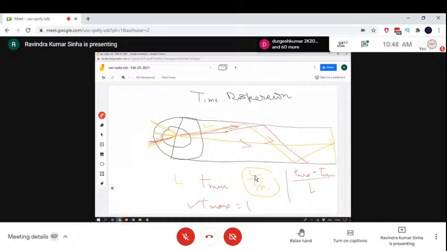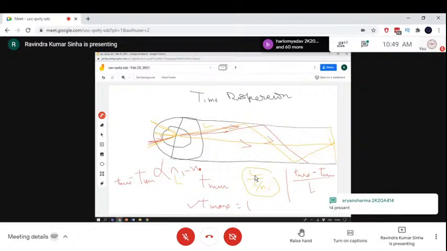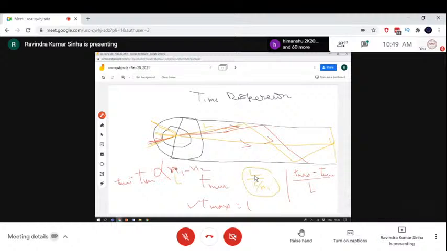That will come as an expression like this: T maximum minus T minimum will be proportional to the distance times N1 minus N2. I have not derived the exact expression, I will be deriving it. But let me tell you that T max minus T minimum will be proportional to N1 minus N2. That is the difference.